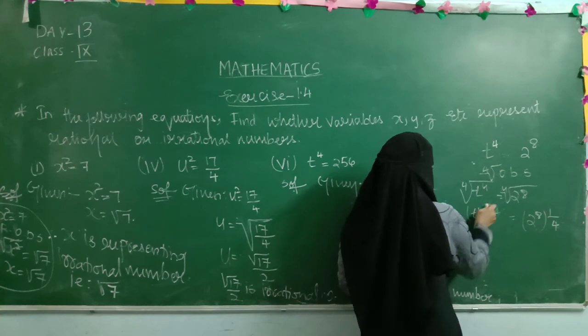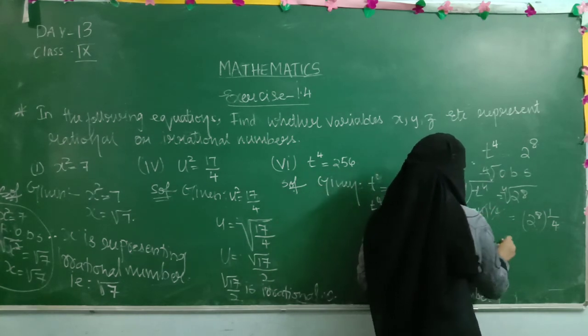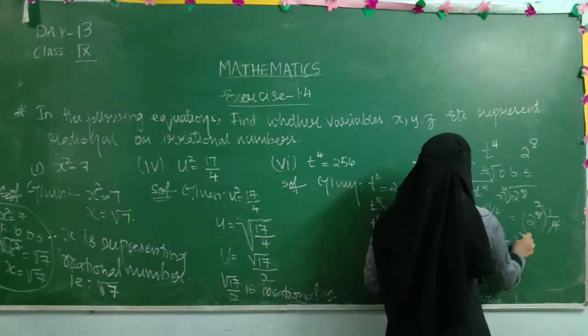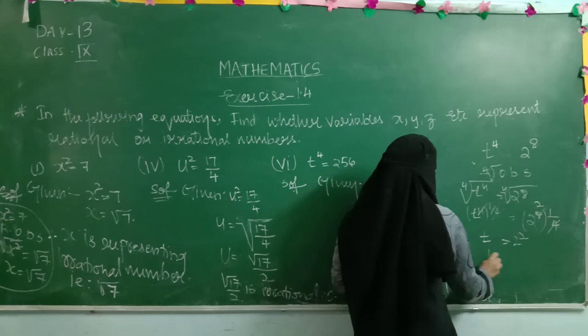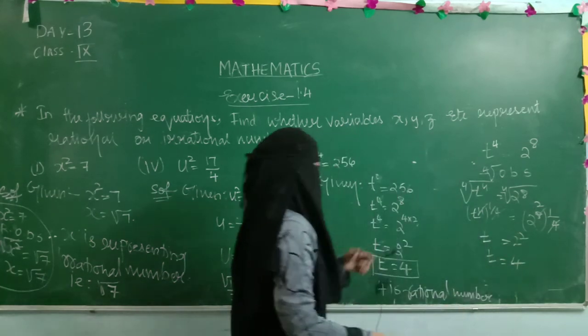So this 4 gets cancelled, you will get t, and here 4 ones are 4, 2 to the power of 4... so you will get 2 square. So t is equal to 2 square, which is nothing but 4. In this way you have got this answer.